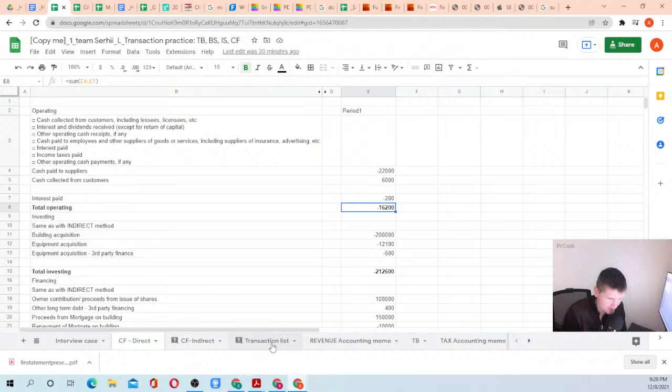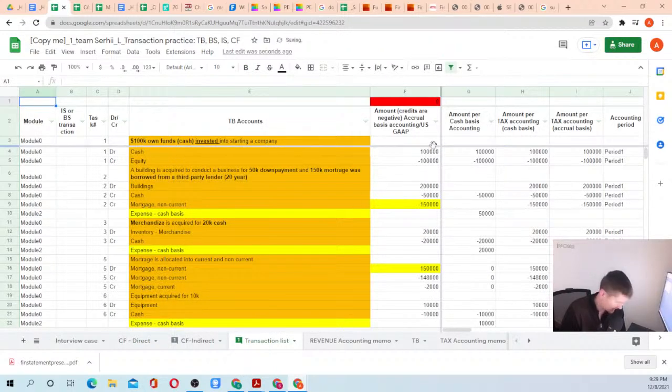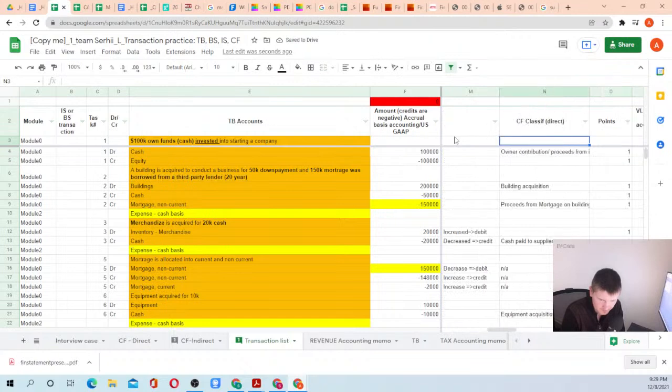We went to the transaction list and we mapped each transaction to the cash flow statements. So we basically went through entries one by one, and whenever we see debit cash or credit cash, we mapped it to either operating activities or investing activities.